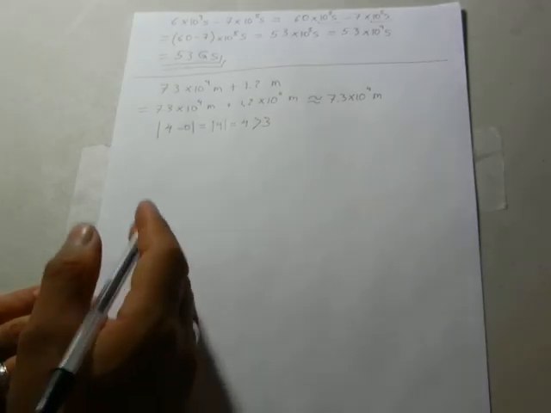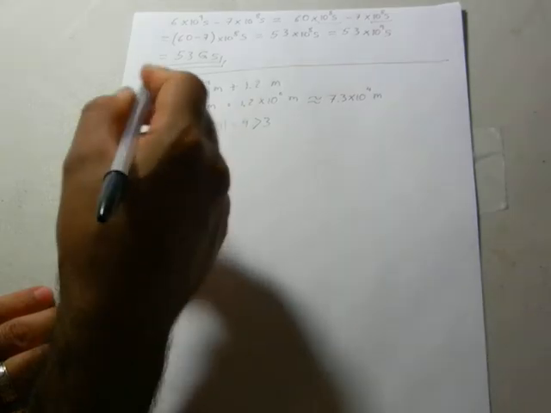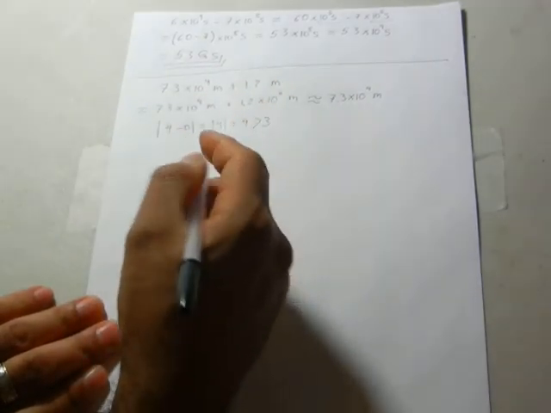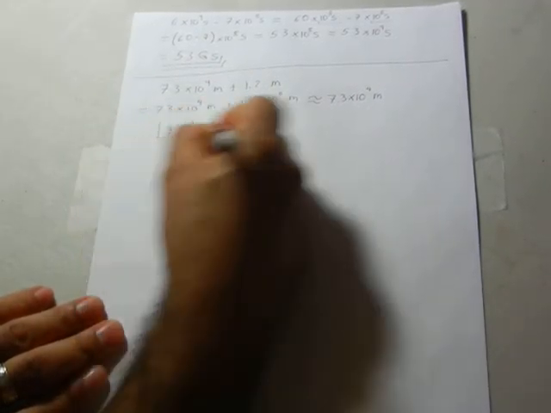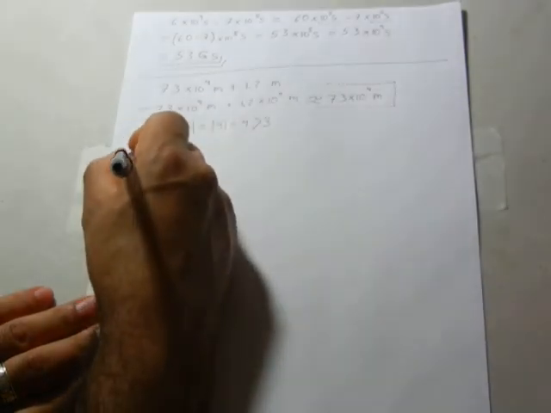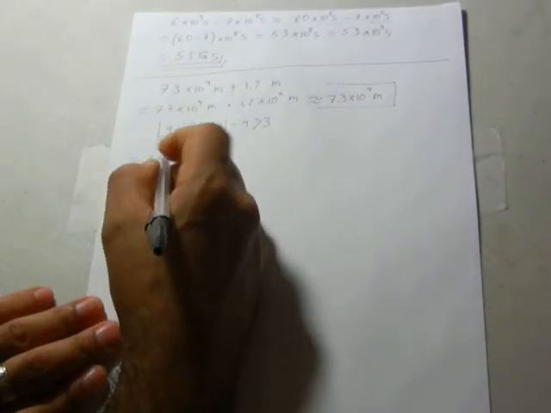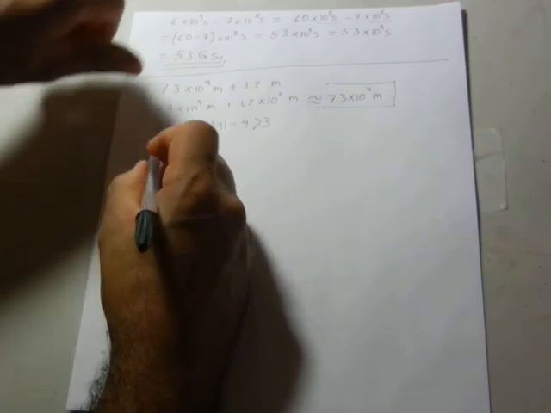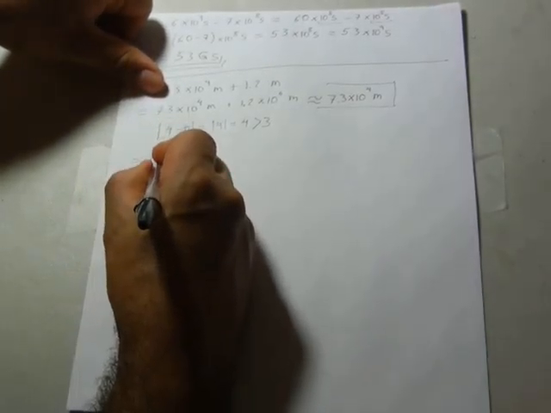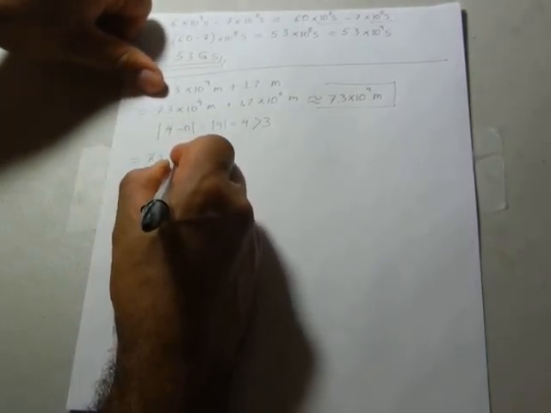If you want to do all this, the next step: see this 7, I'm going to choose 0, so it's 4, 3, 2, 1, 0.